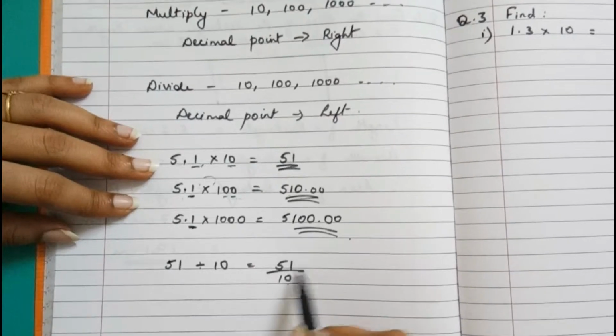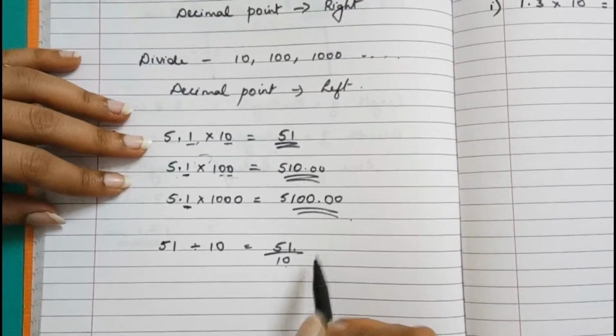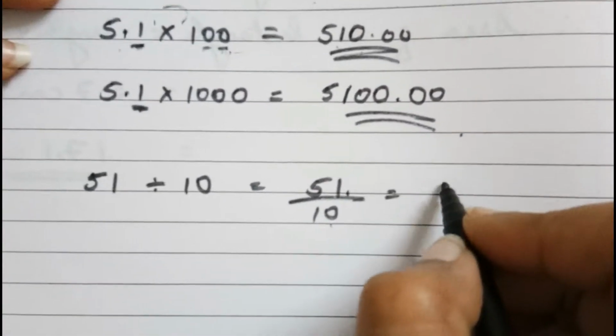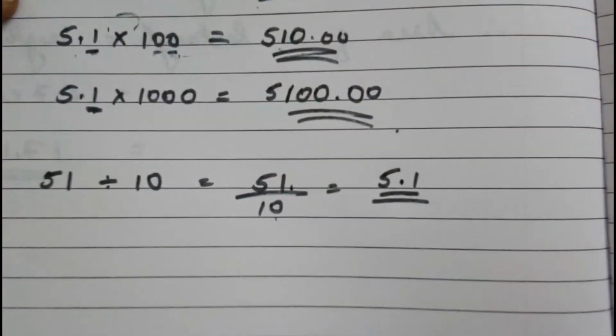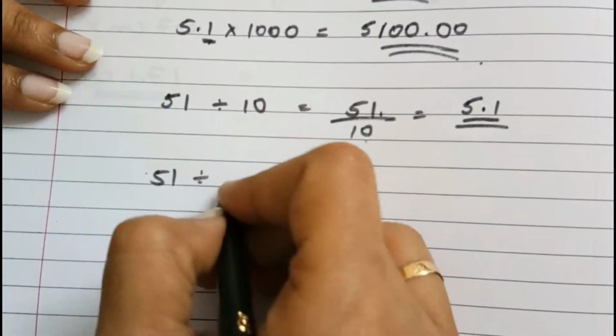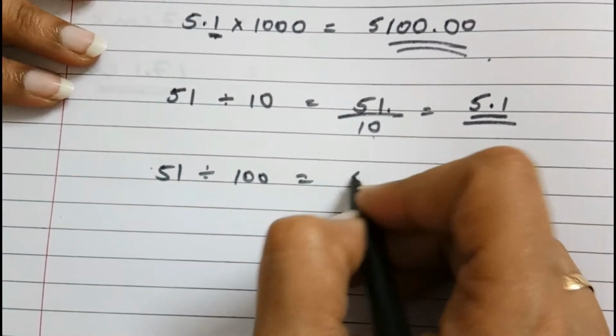Since there is no decimal point, we assume that the decimal point is after this number. Now since there is 1 zero and it moves towards left, the answer will be 5.1.